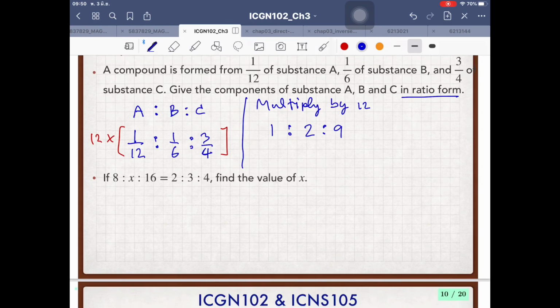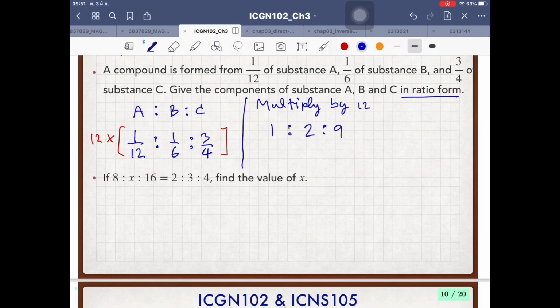And then in the next problem, here again we have the three ratios, all right, 8 to x to 16. If we assume that it is equal to the ratio of 2 to 3 to 4, let's find the value of x.